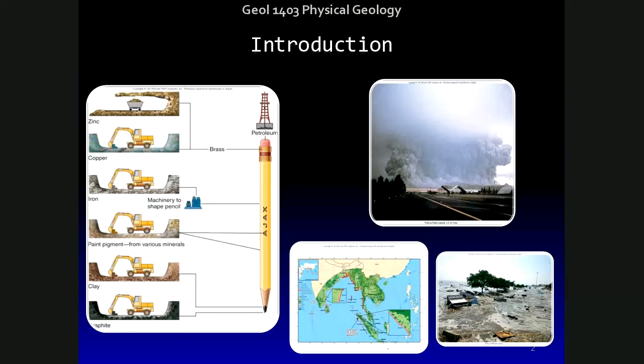And look at this first figure to the left. We see a pencil there, and then a list of commodities that are required to produce a pencil. And look at this, we need zinc and copper for that holder that holds the eraser. And then, of course, the rubber is a petroleum product which comes from the earth.